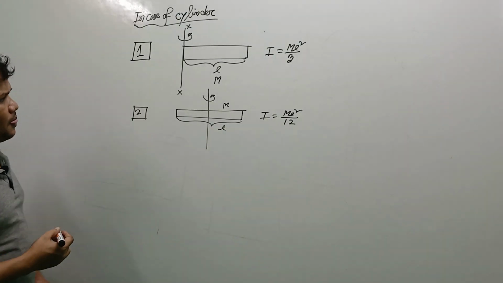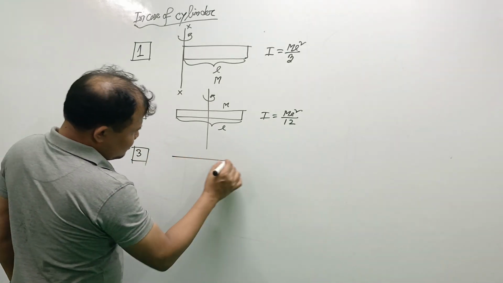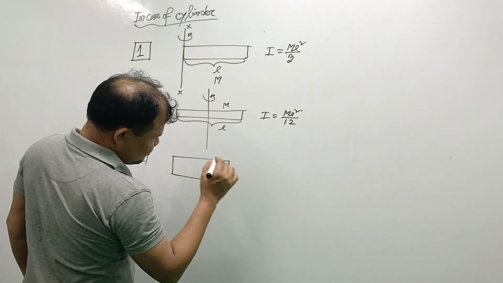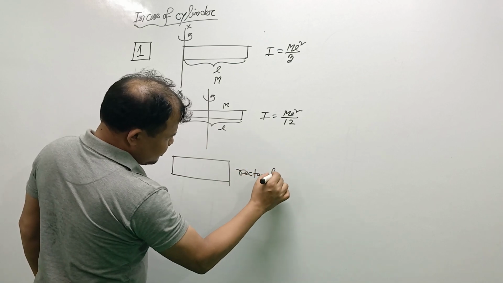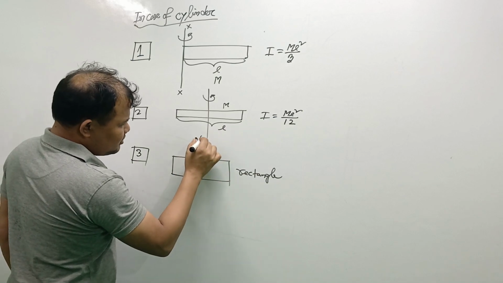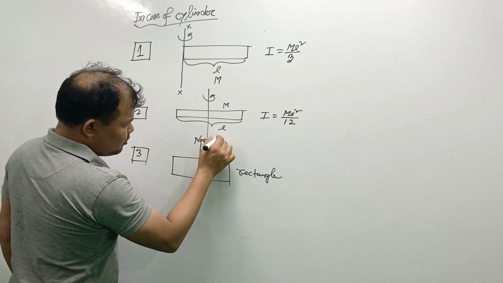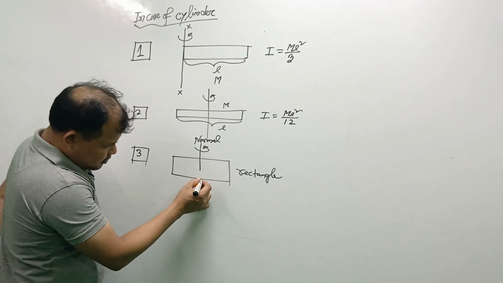Number three, if this is a rectangular shape of the object, a rectangle, and this is the normal. Try to understand, the rotational axis will be normal in case of the rectangular shape, and this is the direction of the rotation.